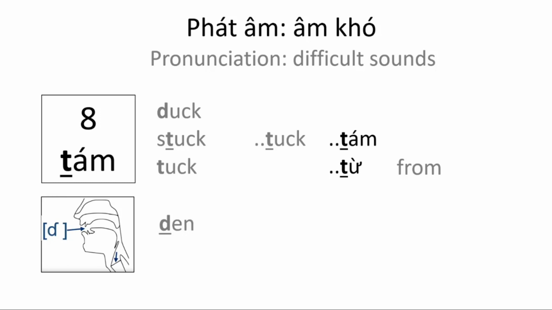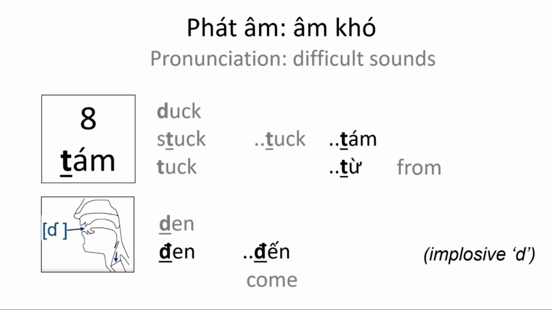In Vietnamese it's den, and this is the implosive D sound. And this gives us den, meaning come. And remember this vowel sound, if we shorten this sound, we get giving us the do, and o, do, which is the question word for where.